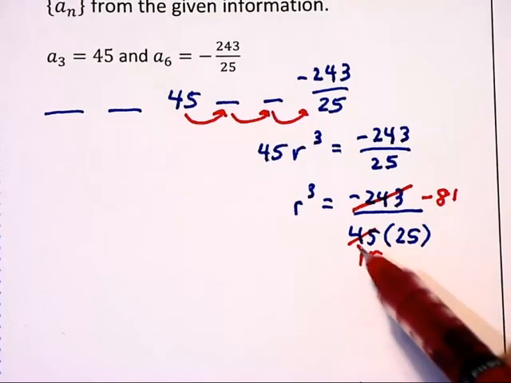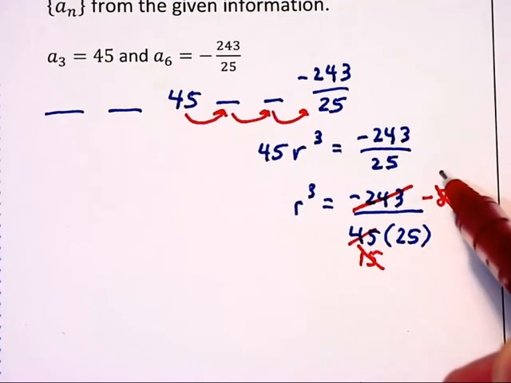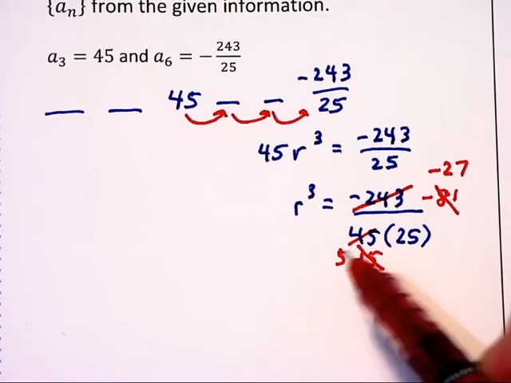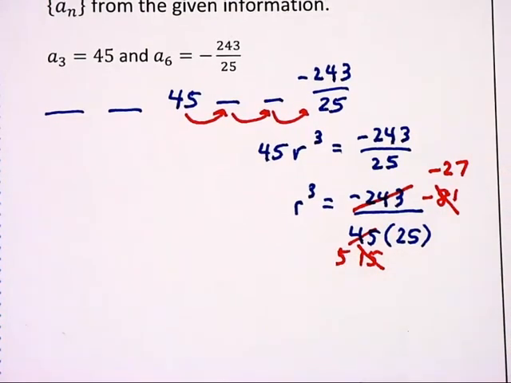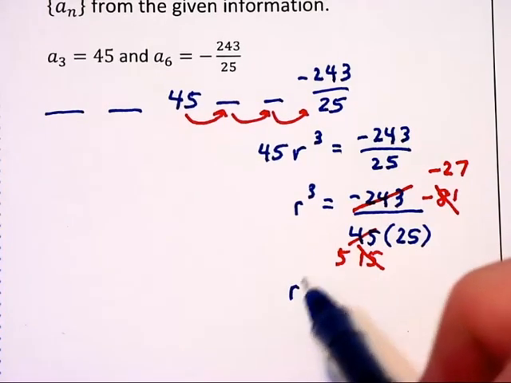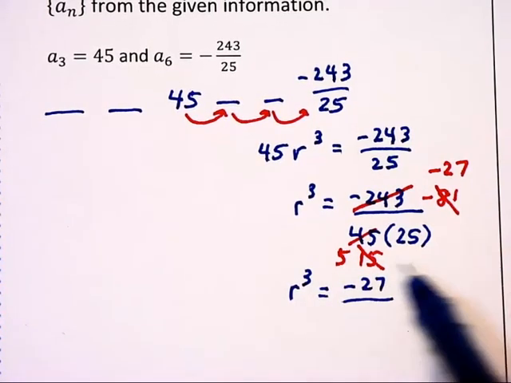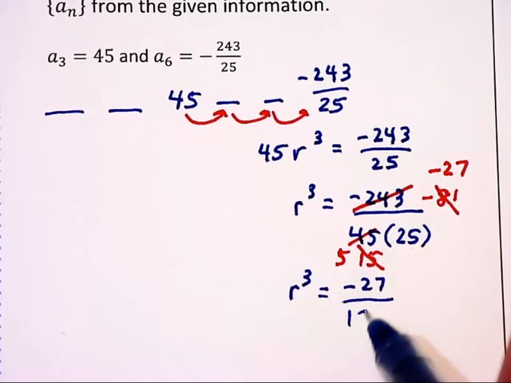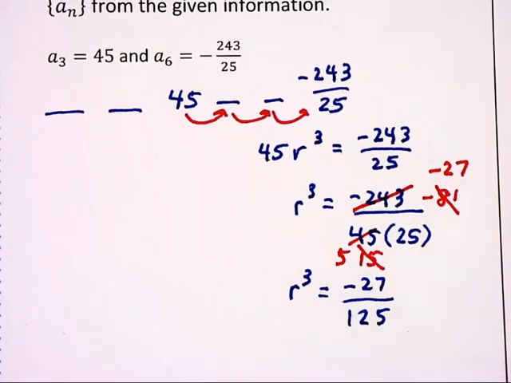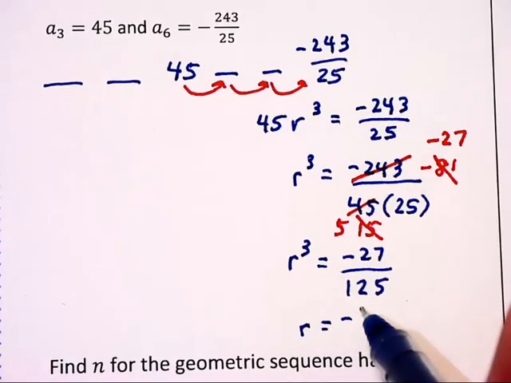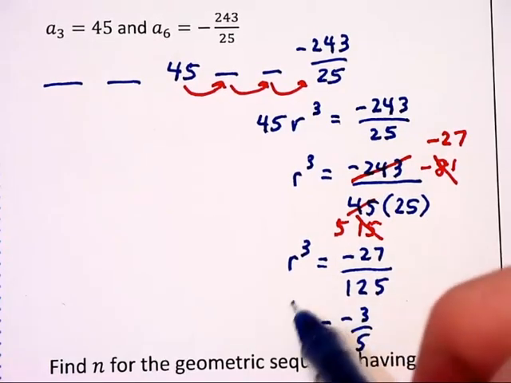But it turns out those are each divisible by 3 again, and we have negative 27 up in the numerator and 5 down below. So this gives us r cubed is equal to negative 27 divided by 5 times 25, which is 125. And cube rooting both sides, we find that r is equal to negative 3/5.